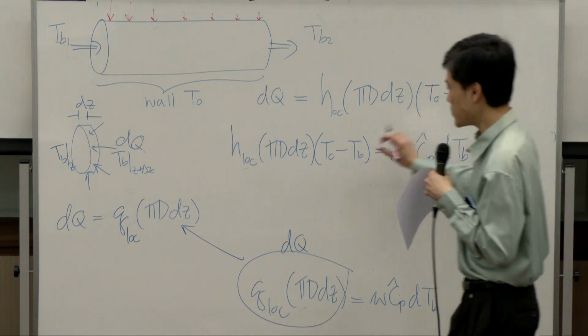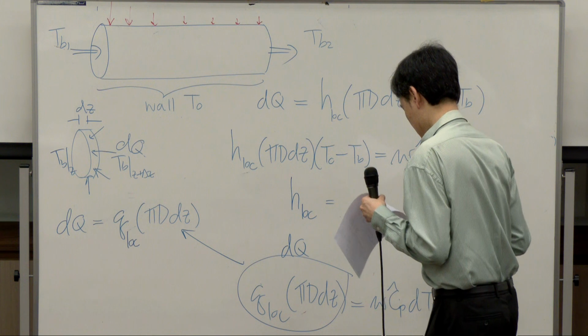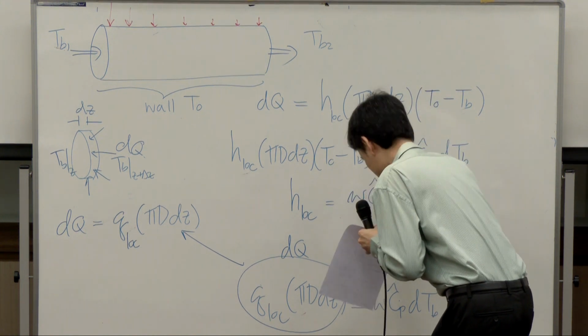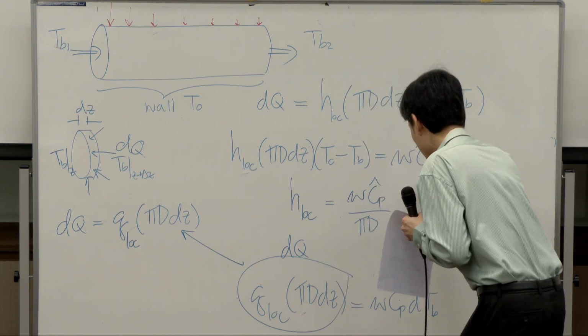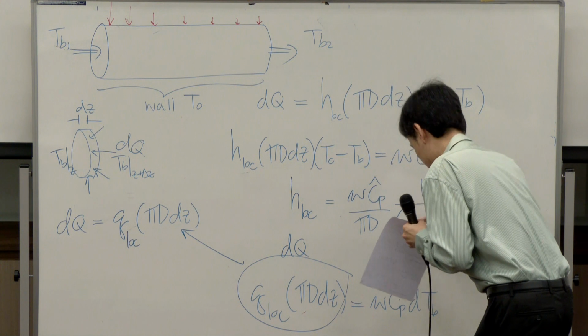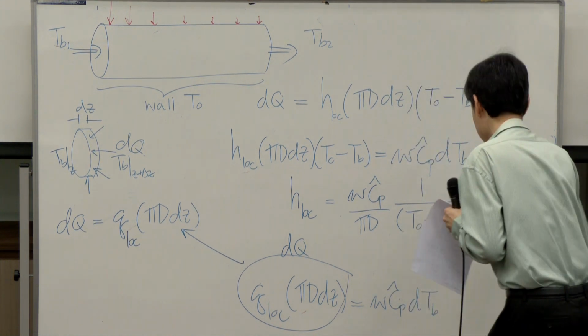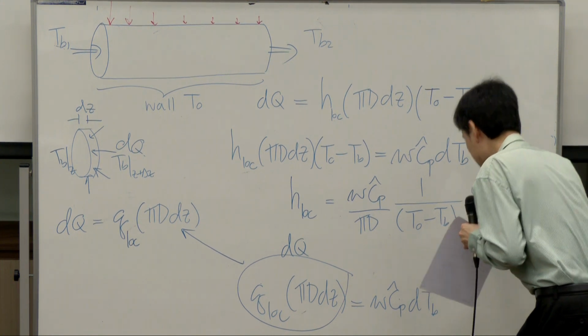If I rearrange the equation, I will end up with h local being WCP over pi d, times 1 over T0 subtracted by TB, times dTB by dZ.